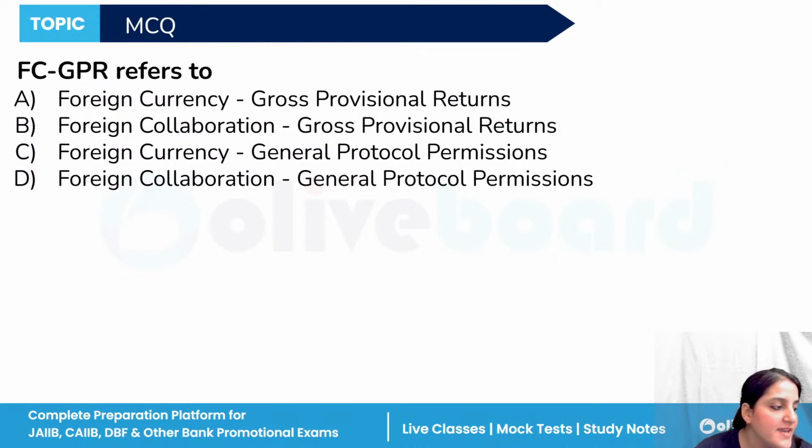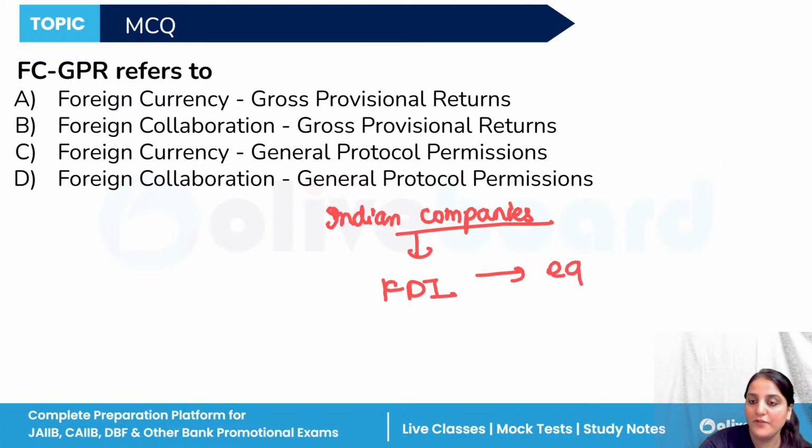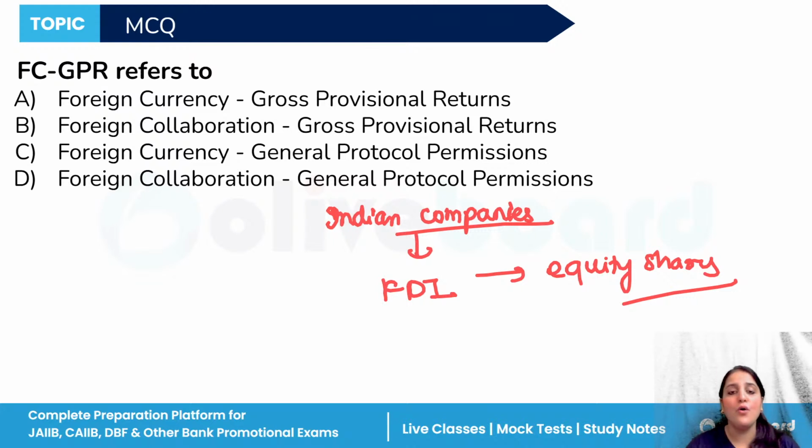Now, next question. FCGPR refers to? FCGPR is a reporting form which is used by the Indian companies to report the receipt of FDI in the form of equity shares, and also it provides details about the inflow of foreign currency into the company and is submitted to the RBI.